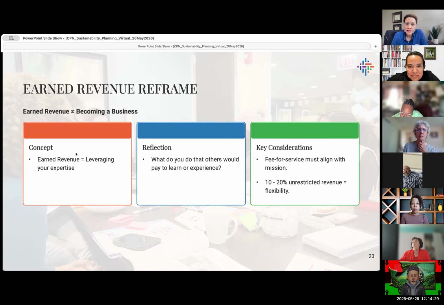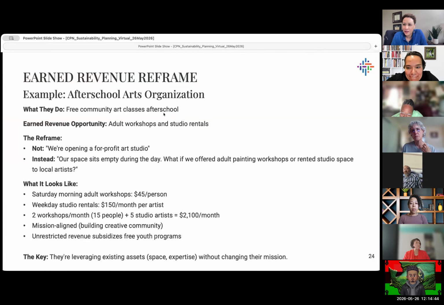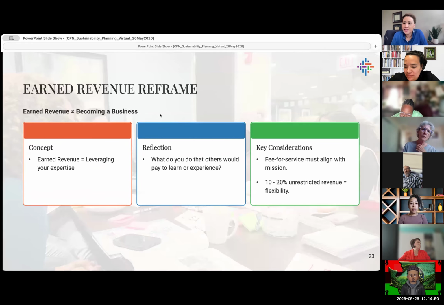The IRS says that as long as you are leveraging your expertise, and you're doing it in a way that is a service that you would have provided anyway, or feels in scope, it is perfectly okay to earn revenue.